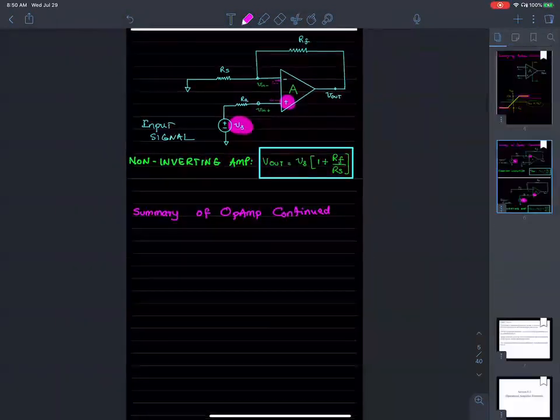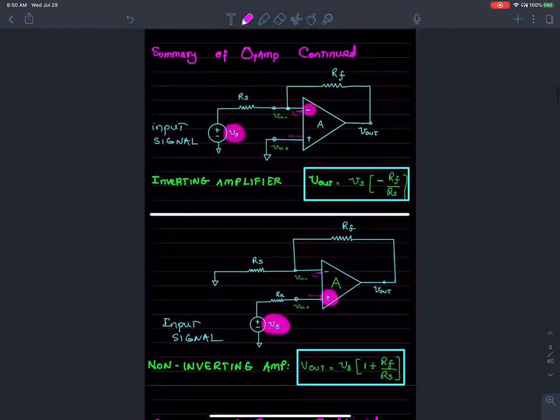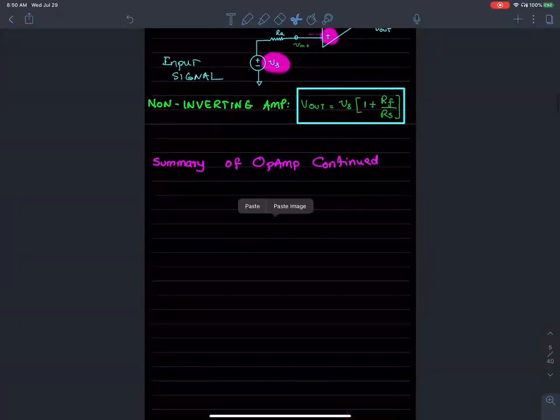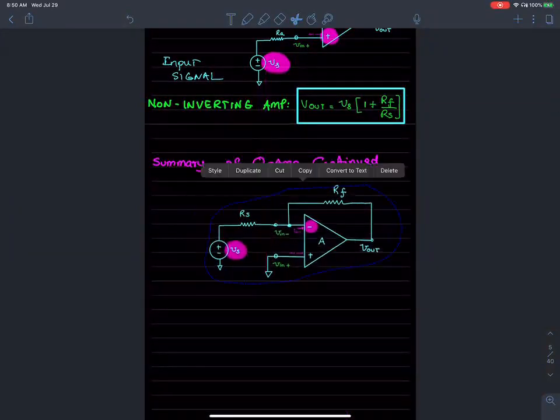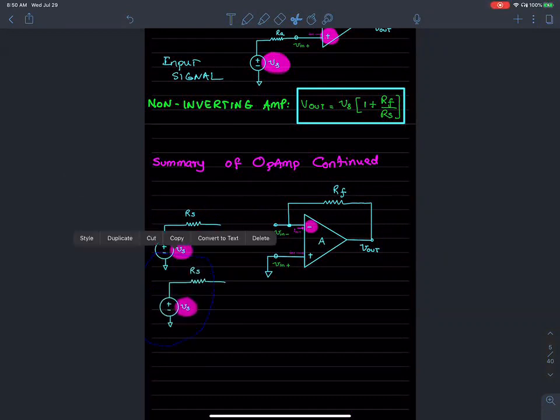Let me see if I can give you more circuits that represent the op-amp. Here, I'm going to use something similar to this one. Let me move this away a little bit, and duplicate this, and one more time.